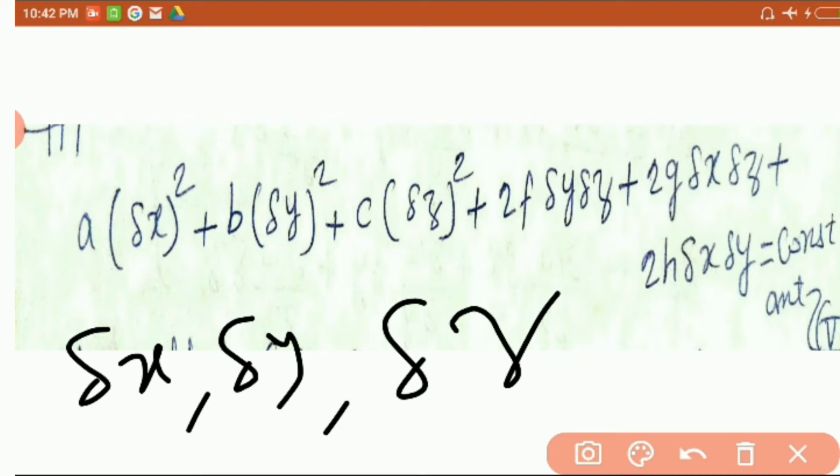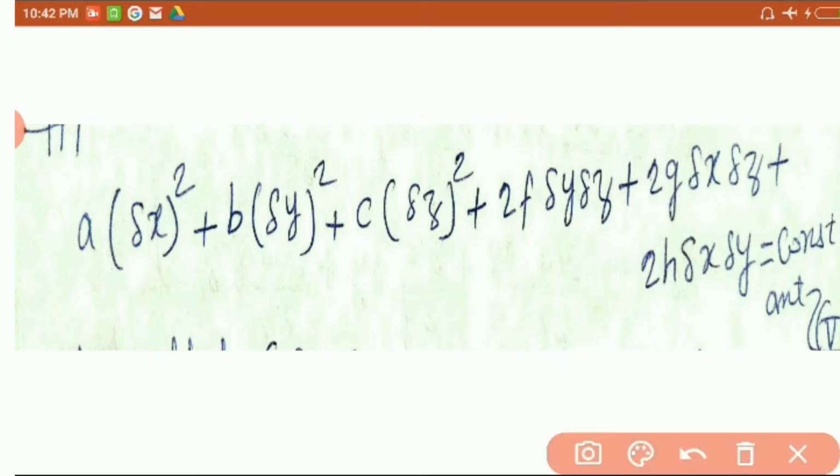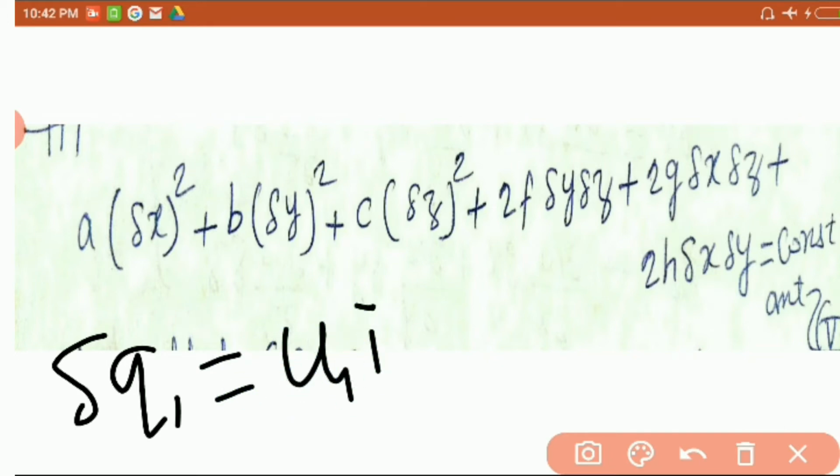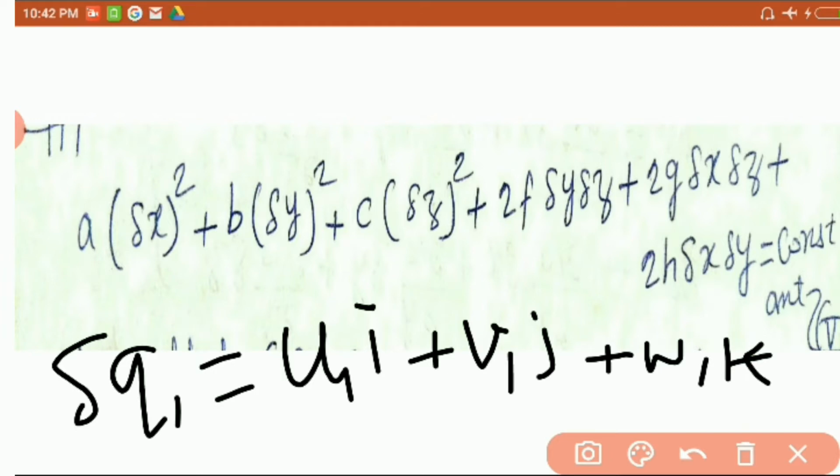Let delta q1 is equal to u1 i plus v1 j plus w1 k, where u1, v1, w1 are the components of the equation 4.